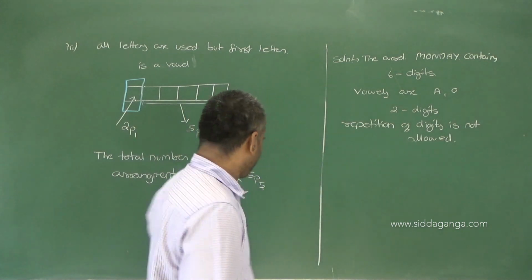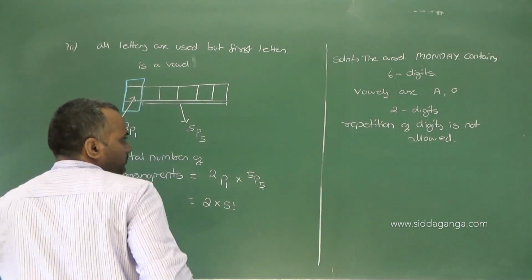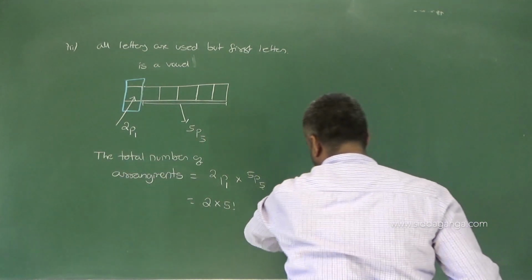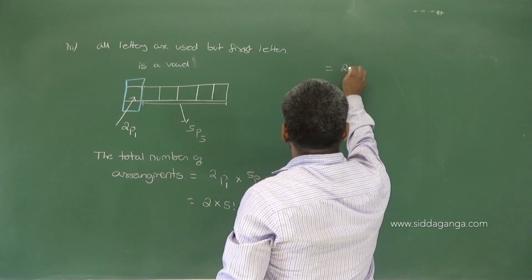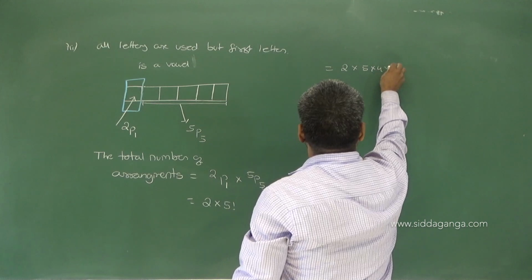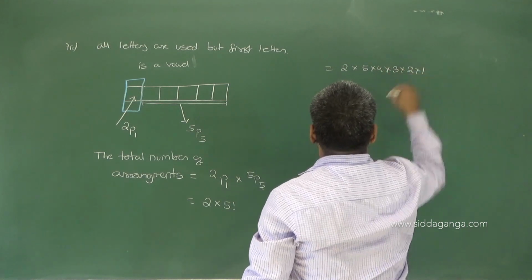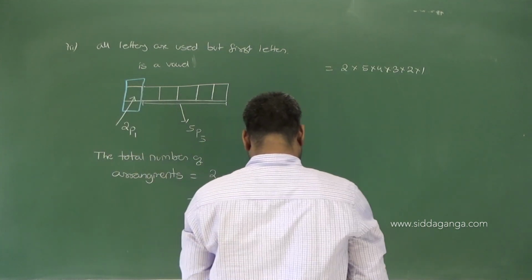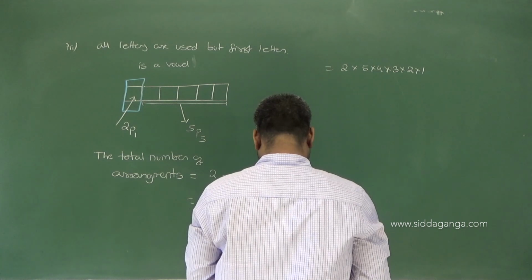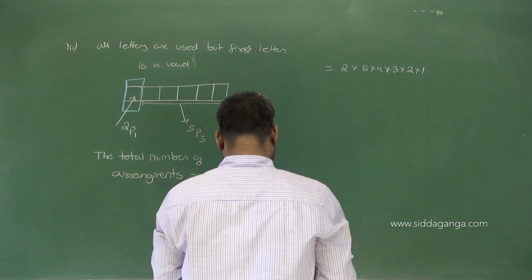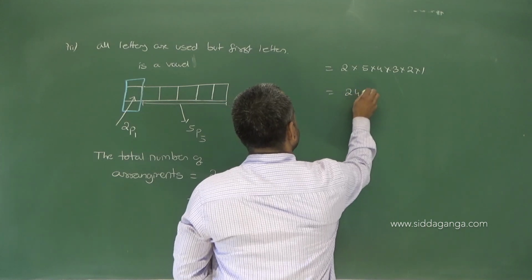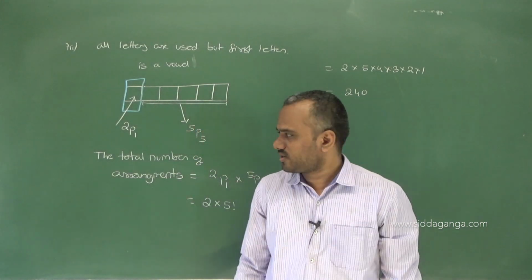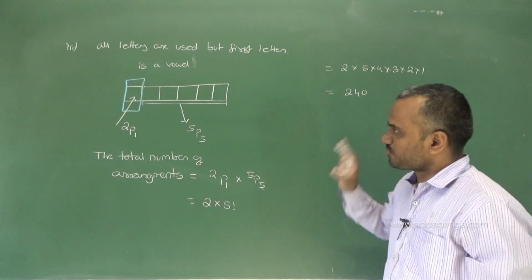So that is equal to 2 into 5 into 4, 3, 2, 1. Calculate. 240. So answer is what? 240 ways. So see this problem carefully.